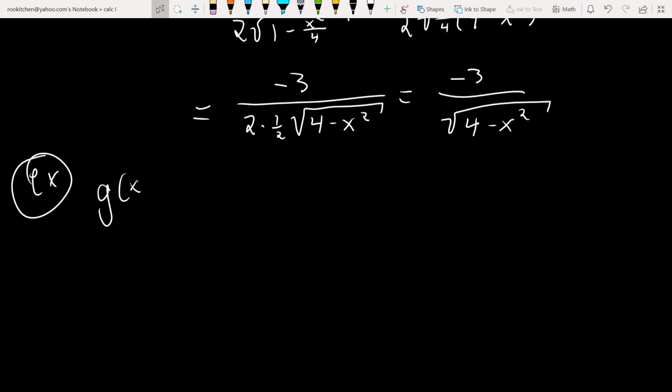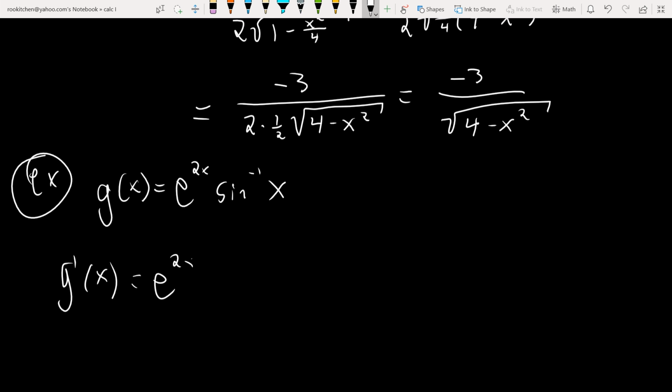g of x equals e to the 2x times the sine inverse of x. So we need a product rule here. g prime of x: leave e to the 2x alone, times the derivative of sine inverse, that's just 1 over the square root of 1 minus x squared.